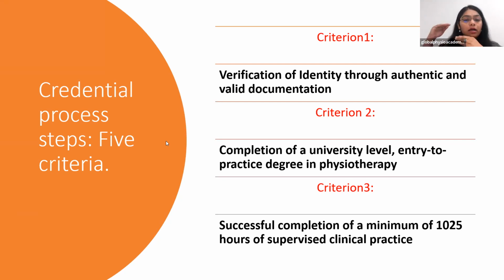Second, completion of university level entry to practice degree in physiotherapy. There is a specific document which proves that you have done your university and which is equivalent to the Canadian curriculum. We will discuss those documents later on.